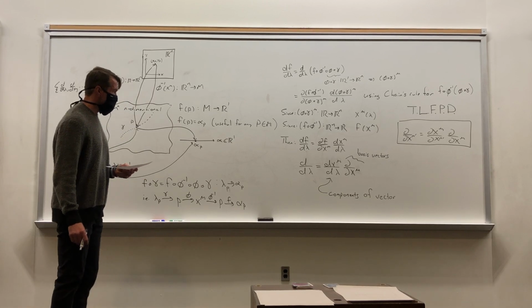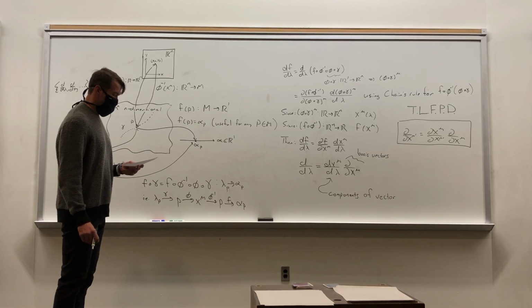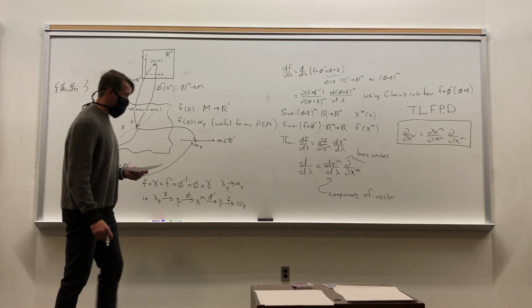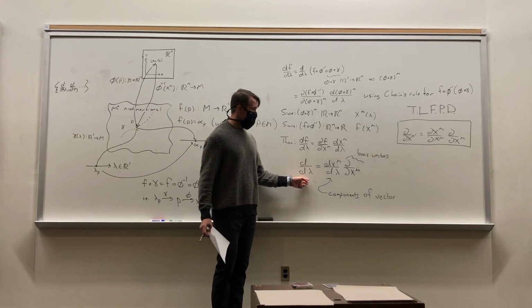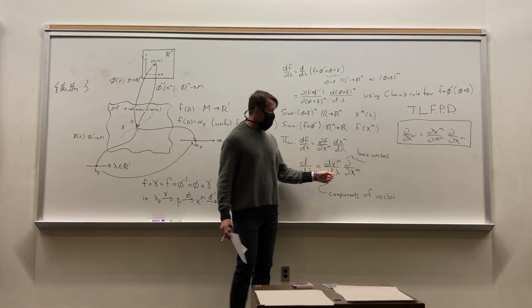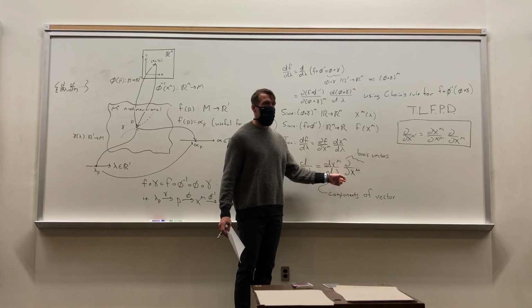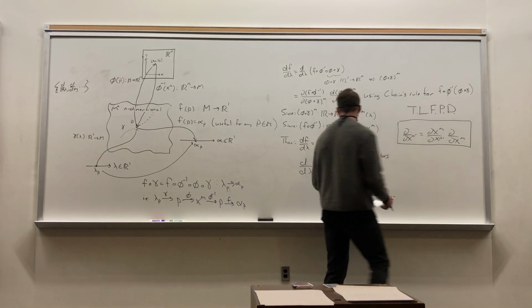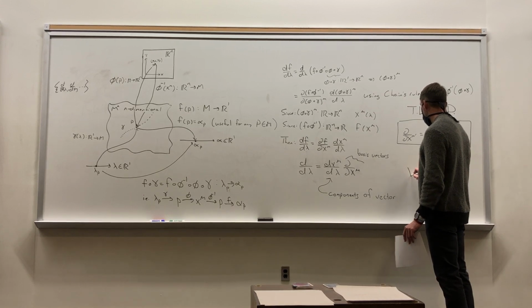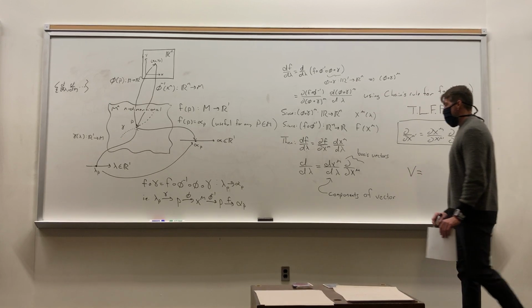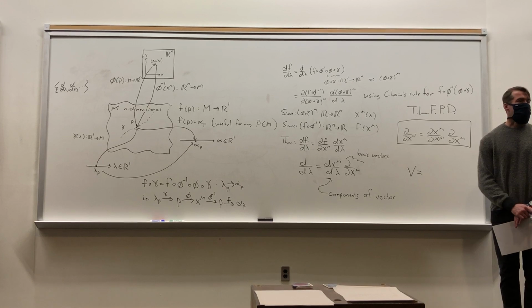Wait a minute. This is a vector. These are the components. These are the basis vectors. What would an arbitrary vector look like?